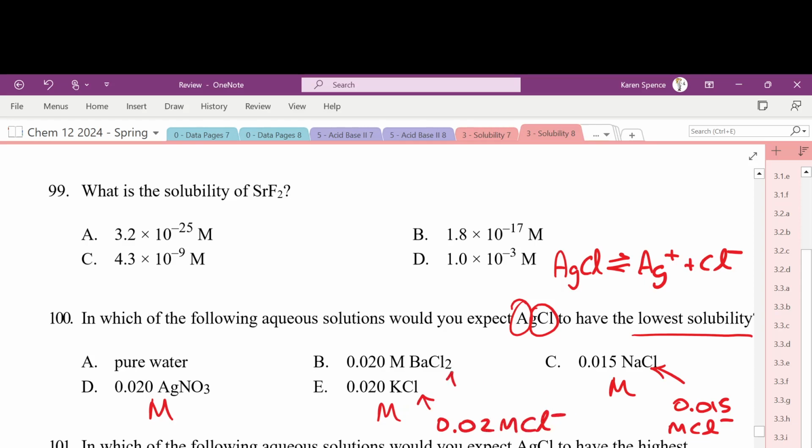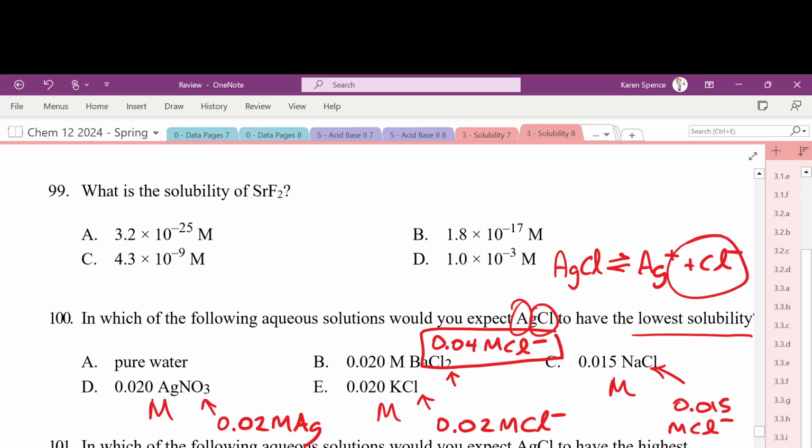This guy has 2 chlorides, which would have drawn me to it in the first place. So that's going to have 0.04 molar Cl minus, and this has 0.02 molar silver, so that'll have the same effect. So this is going to be the lowest solubility because it has the most ions already checked into the hotel. Did that make sense? Yeah, good stuff.